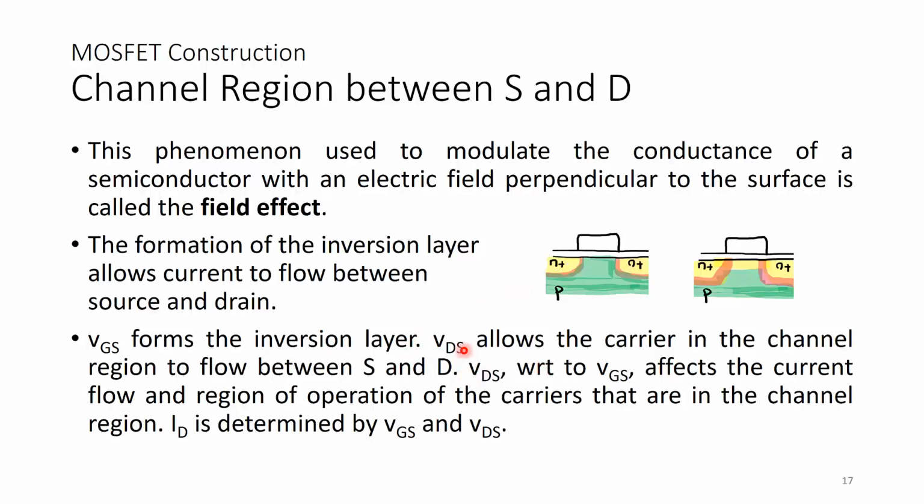But VDS, which is the drain source voltage, allows the carriers in the channel region to flow between source and drain by applying the correct electric field in the direction between the source and drain. So VDS with respect to VGS affects the current flow and region of operation of the carriers that are already in the channel region. ID is determined by VGS and VDS.